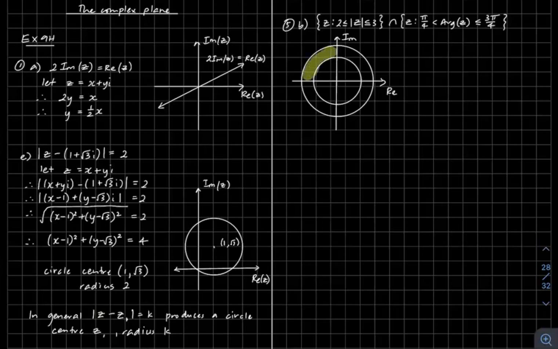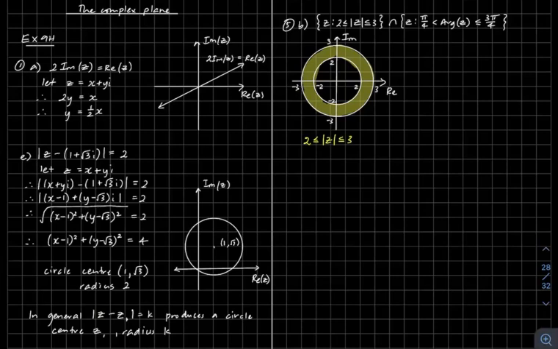So if I could shade in this area here, doing a fairly rough job of that, and let's say this is radius 3, this one's radius 2, so 3, 2, negative 2, and negative 3. Alright, so that one there is demonstrating, let's use yellow for this one, 2 less than or equal to mod z less than or equal to 3.